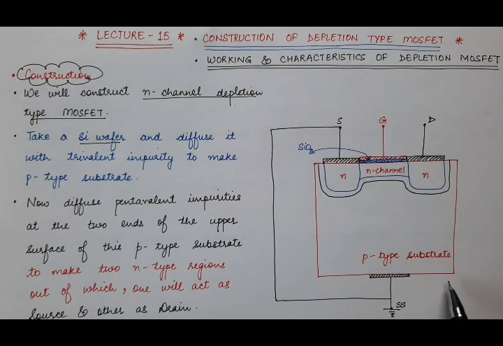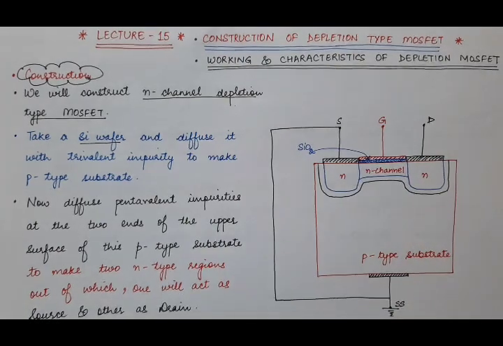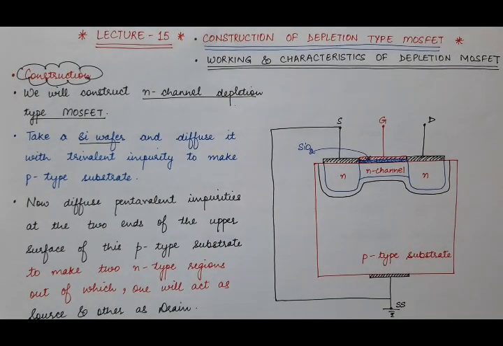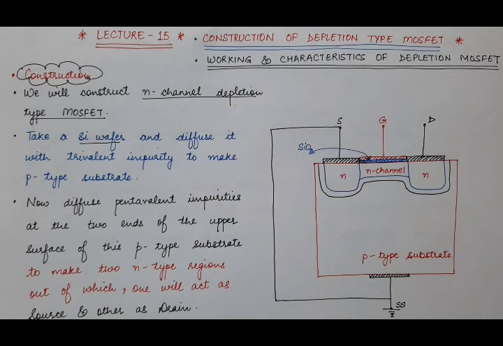Then we need two N-type regions, out of which one will act as source and the other will act as drain for the MOSFET. And now we have just a P-type substrate. So to construct two N-type regions, what we will do?